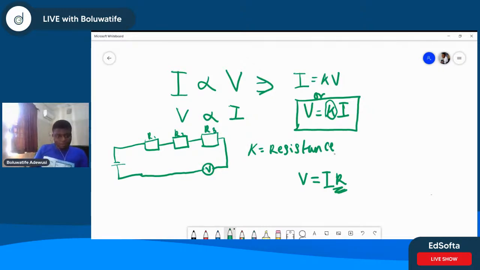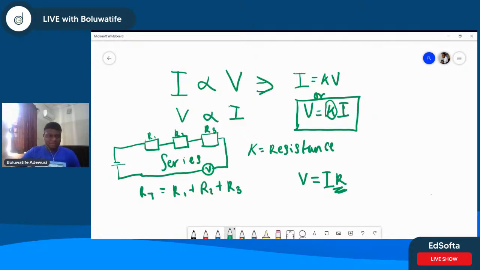Because they are connected to one another, they are connected in series. To understand the total resistance of the circuit is very straightforward. You simply add: R total is equal to R1 plus R2 plus R3. Simple. And that's your total resistance.